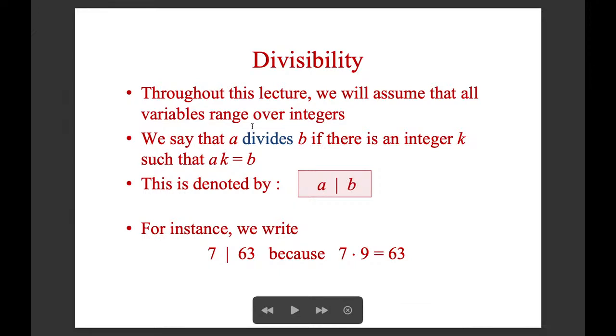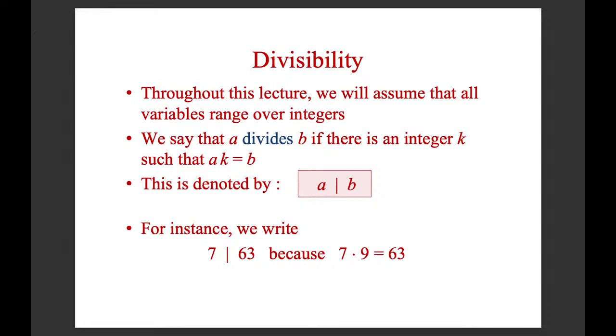When we say A divides B, it means that there exists an integer k such that A times k is equal to B. For instance, 7 divides 63 properly because 7 times some integer is equal to 63. Make sure that you understand this: every number divides 0 properly.